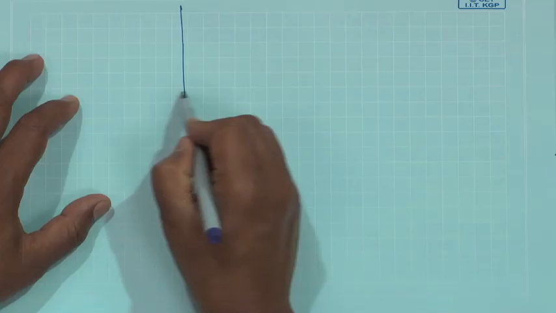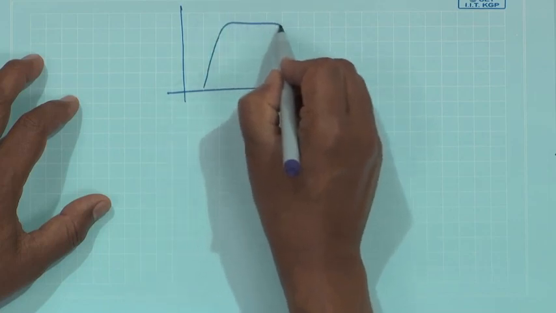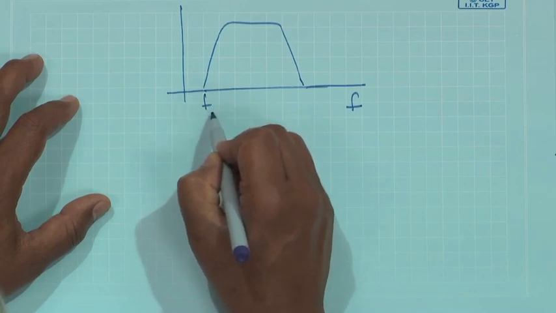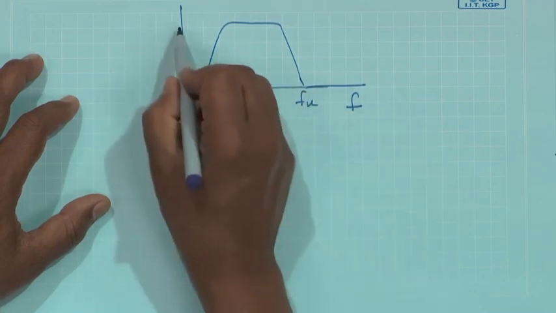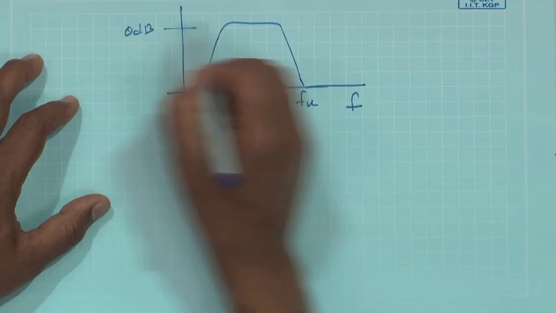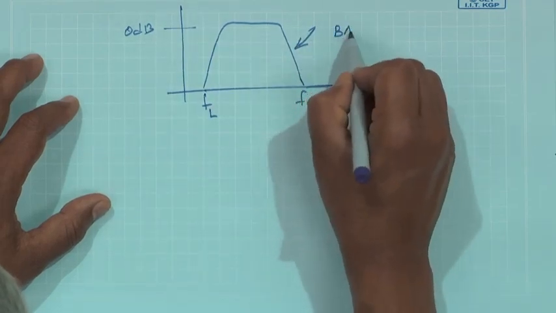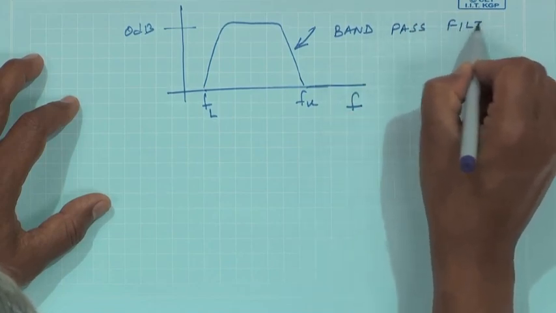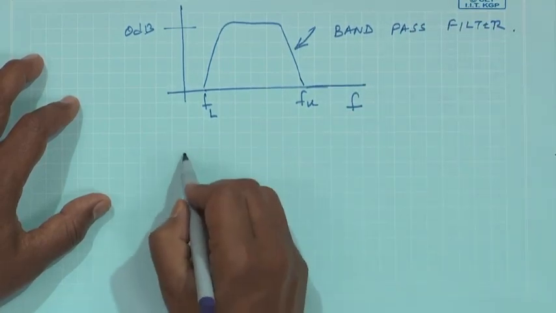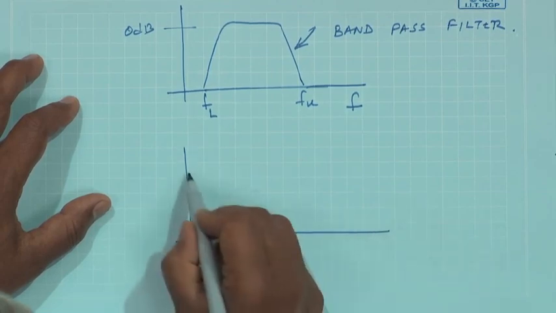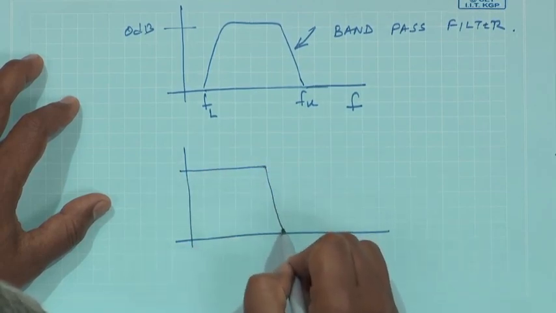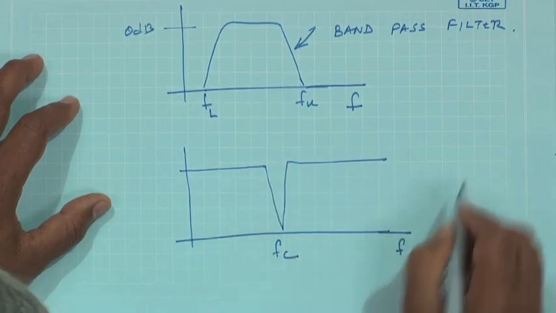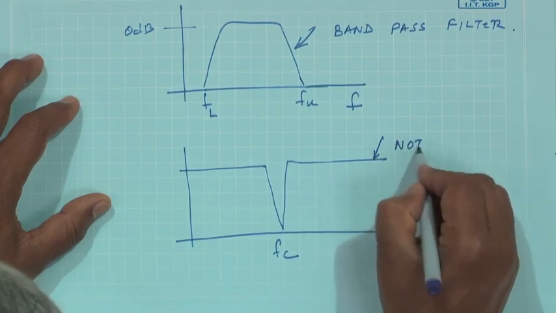And of course, we have the band pass filter. And then we have a filter which removes a particular frequency, which is known as a notch filter.